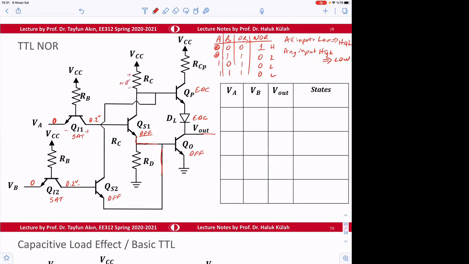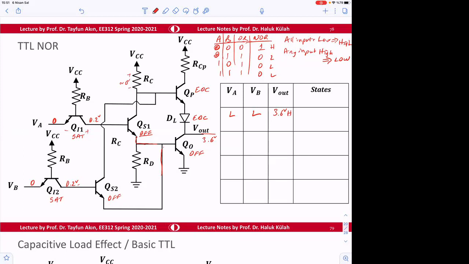So this is going to be VCC minus 0.7, 3.6. So basically we applied low here and low here. Output was 3.6 volts. So it was high.